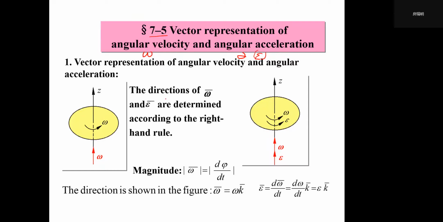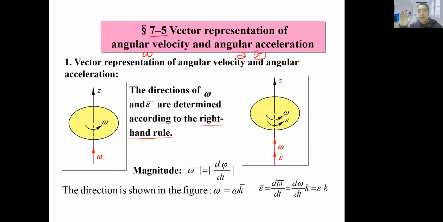It tells us the directions of omega and epsilon are determined according to the right-hand rule. You guys can recall how many times we have used this so-called right-hand rule. So once again, you can use your right hand. I just try to show my right hand to you guys, right?